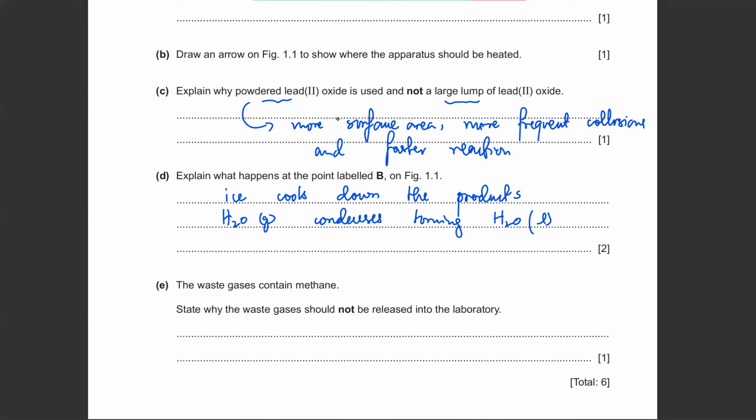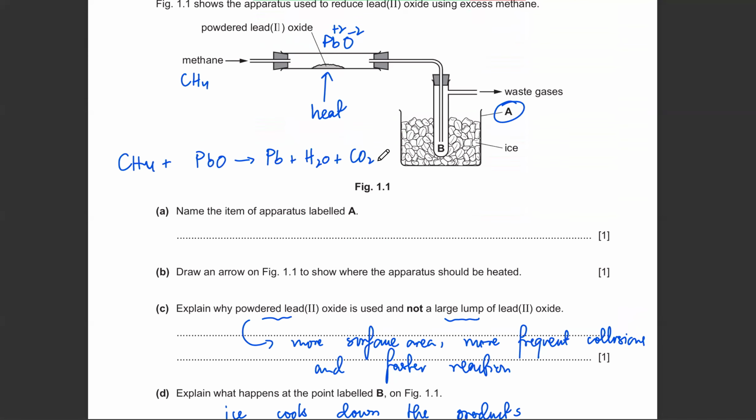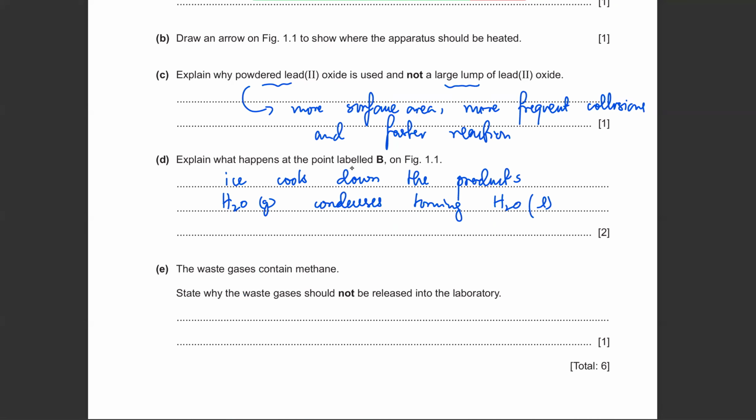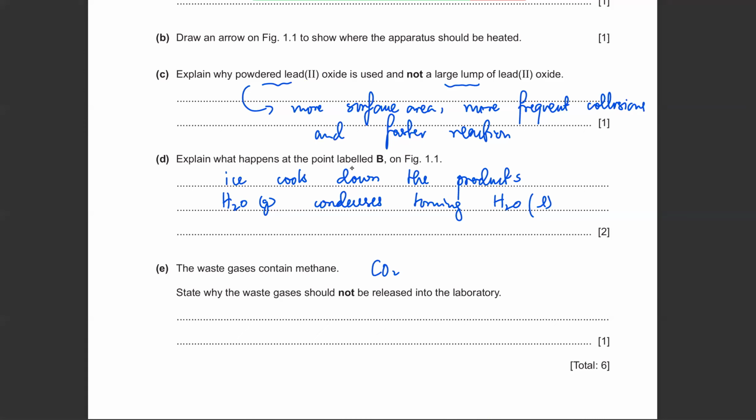The waste gases contain methane. State why the waste gases should not be released into the laboratory. So it's got methane in the waste gases, but it's got carbon dioxide as well. Not all of the methane reacts, so some of it just passes through. Can you tell me the harmful effects of the products? Carbon dioxide, plus it's got methane as well. Methane is a toxic gas.